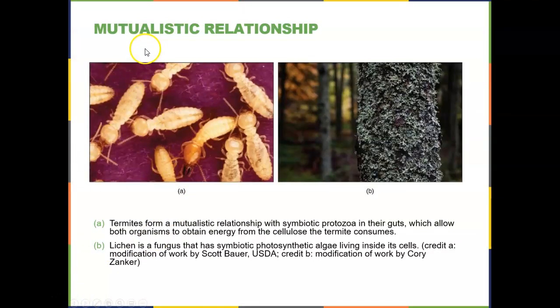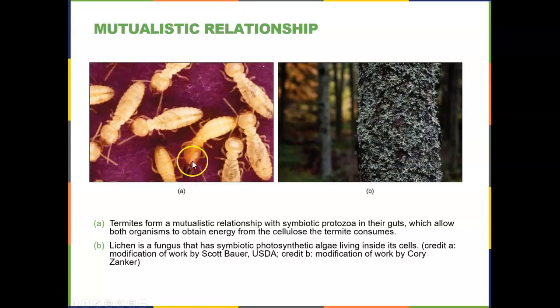Here we have an example of a mutualistic relationship. So this is a species of termite. Within the termite lives a protozoa, a protist, and within the protist lives a bacteria. Those two species hang out inside the termite, and they help.